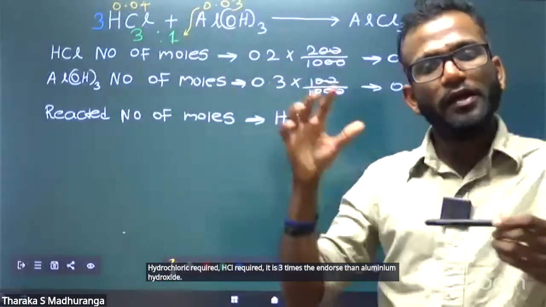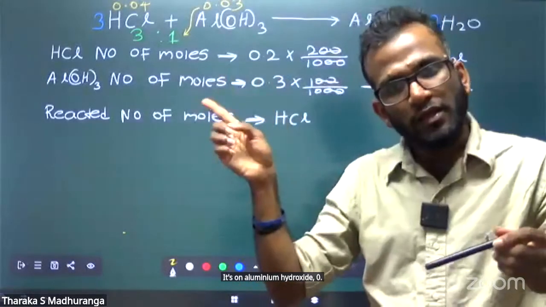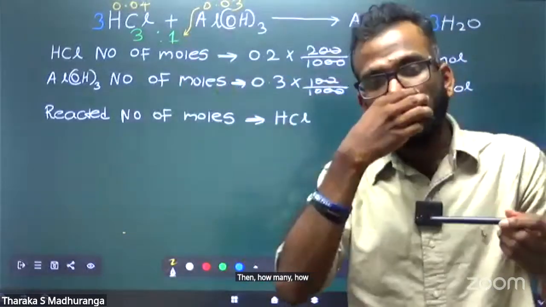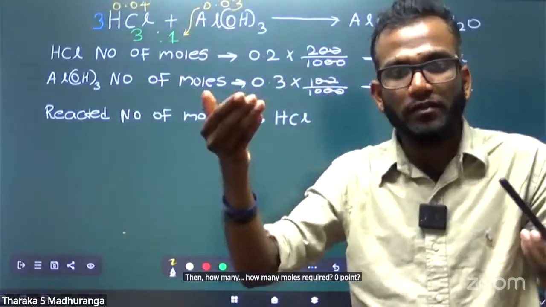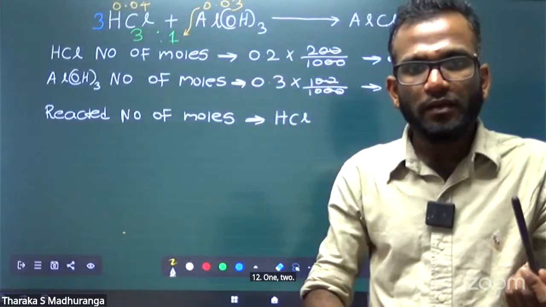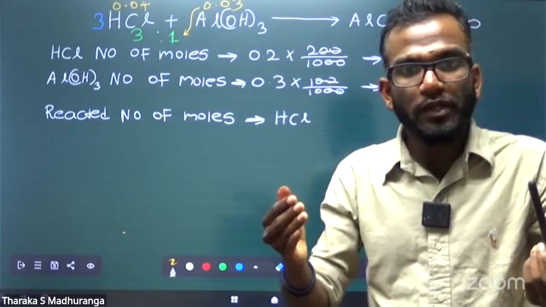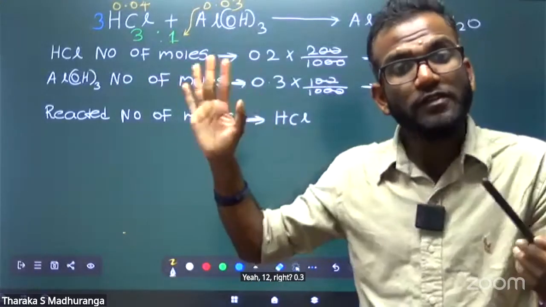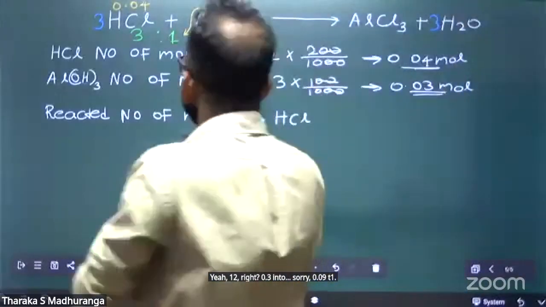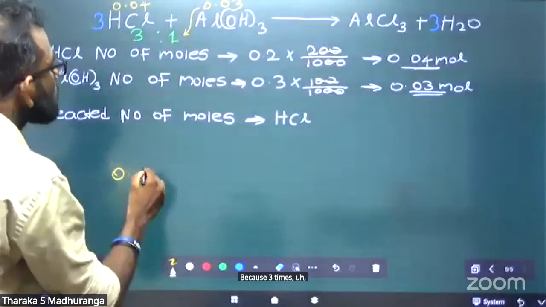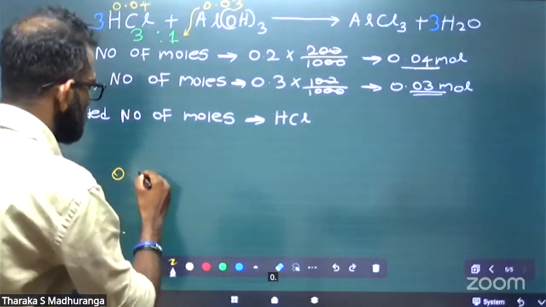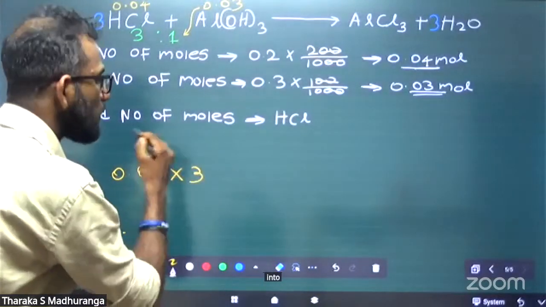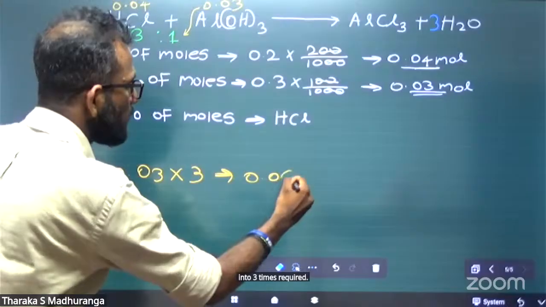Aluminium hydroxide is 0.03, then how many moles are required? 0.12? Not 0.12. Sorry, 0.09, because it is 3 times. 0.03 into 3 times, 0.09 required.